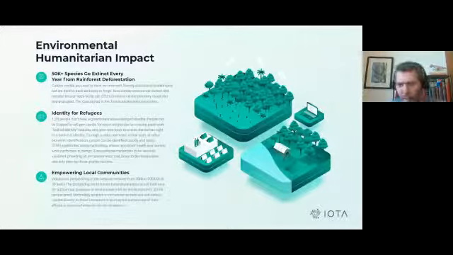So again, these use cases here in environmental and humanitarian impact are probably not the ones that I like the most. But yeah, indeed, there are a lot of things to do here. And if you take a look at IOTA, the whole project has this green idea: to try to make the world a better place by allowing pay-per-use economies and granular economies.